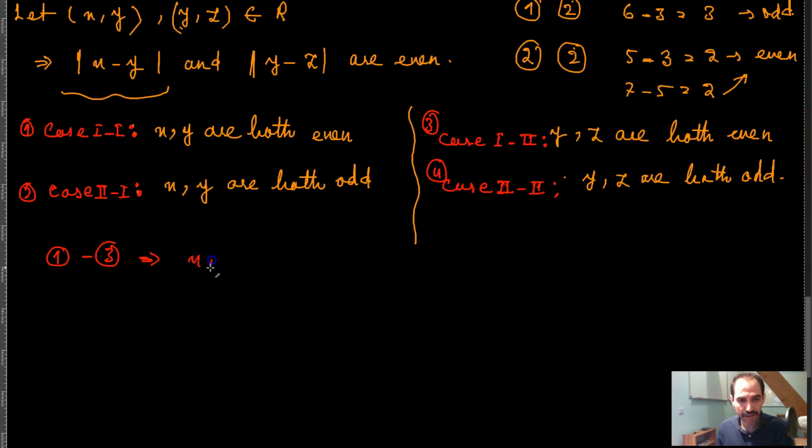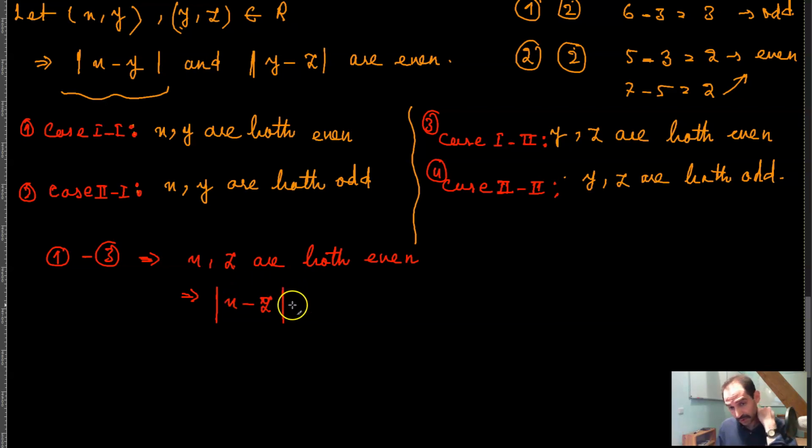So that means that x and z are both even, which implies that x minus z, the absolute value of that, doesn't really matter whether you use the absolute value function or not.